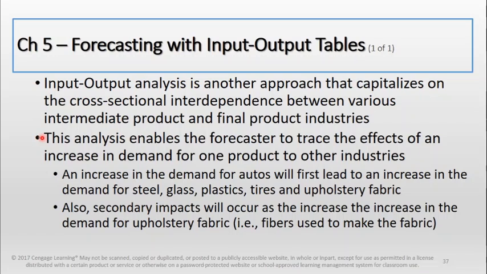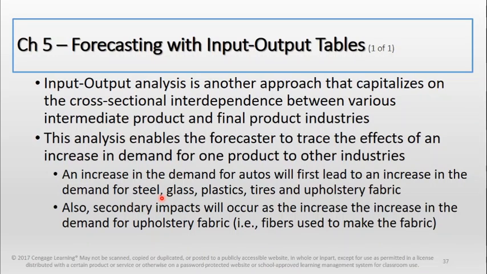This analysis enables the forecaster to trace the effects of an increase in demand for one product to another industry. For example, an increase in the demand for autos will lead to an increase in the demand for steel, glass, plastics, tires, and upholstery because, in order to create the auto, which is your output, you need these inputs. So if there is an increase in your output, there is also an increase in the demand for your inputs as well.